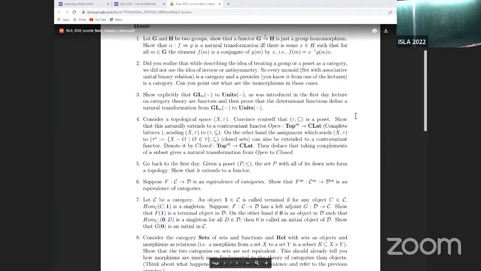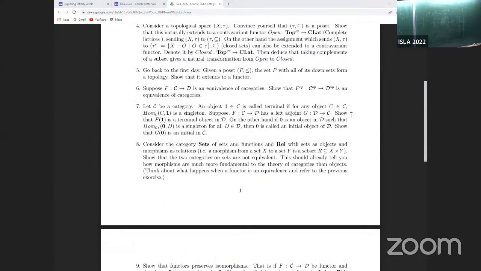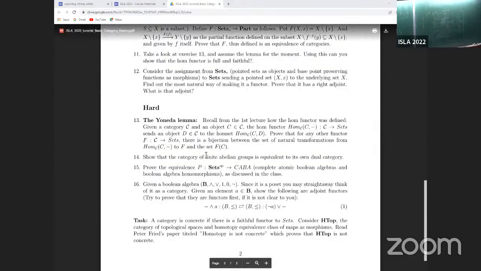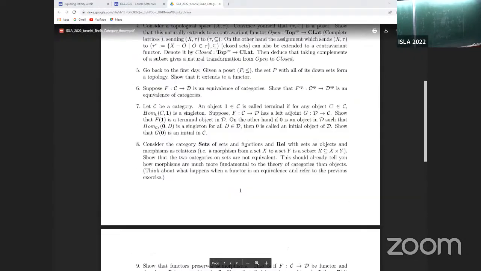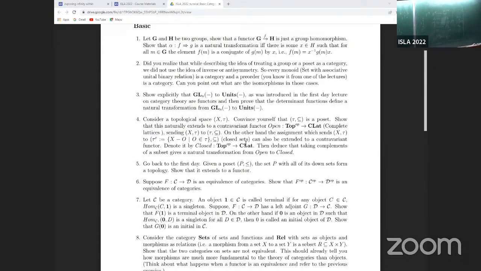On one side, you have finite abelian groups. On the other hand, you have the dual of finite abelian groups, the dual category. If you want me to give an equivalence, then you should give me a functor from one category to the other. So which functor do you want to assign here?